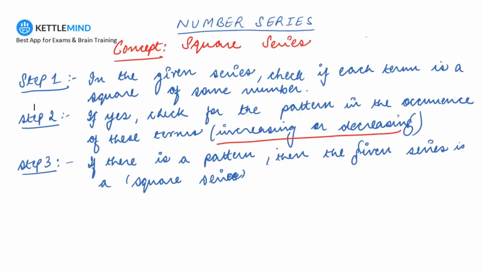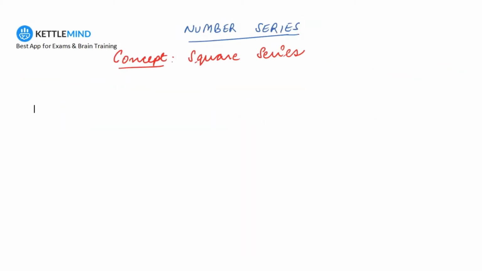The first one is increasing, then the other is decreasing, then again decreasing. So we have to determine that pattern. Third says if there is a pattern, then the given series is a square series. Very easy steps. So I'll move on to the examples, not wasting any time here, because this will get clear with examples itself.